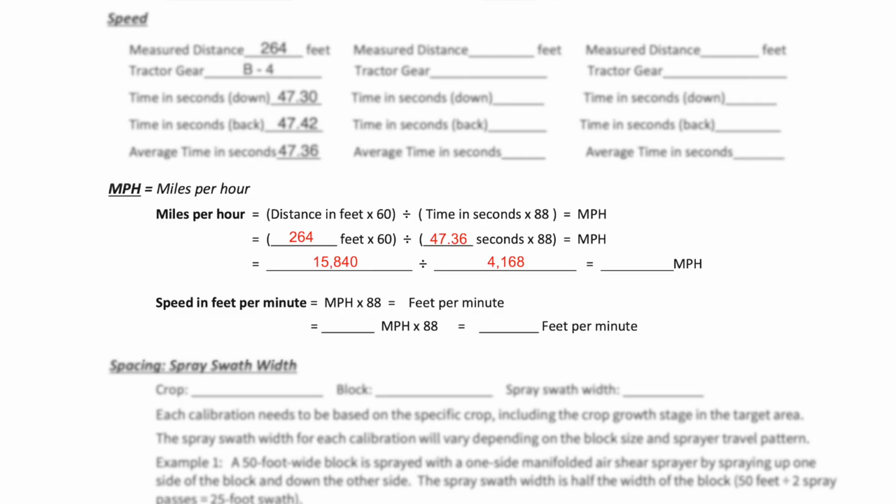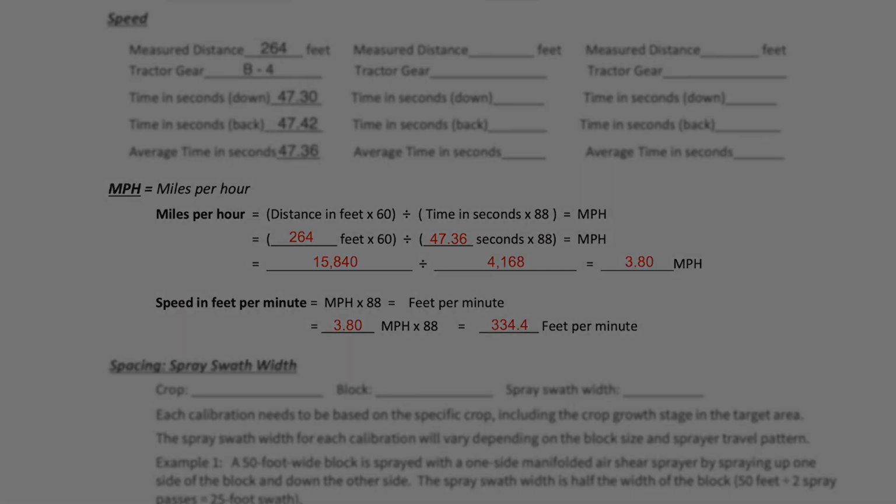This will give you your speed in miles per hour, which in this test is 3.8 miles per hour. Then multiply the miles per hour number by 88 to arrive at the feet per minute being covered by the tractor and sprayer. This comes to 334.4 feet per minute in our test.